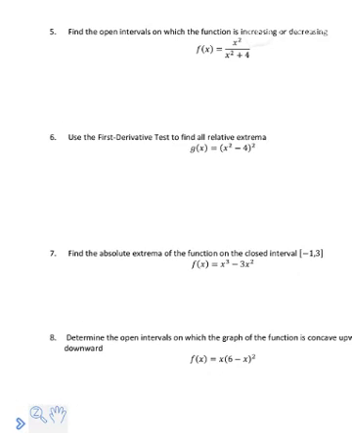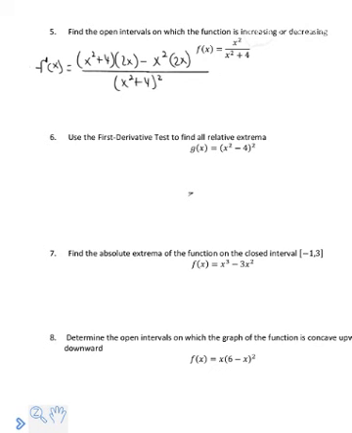So f prime of x equals low d high minus high d low, all over low squared.